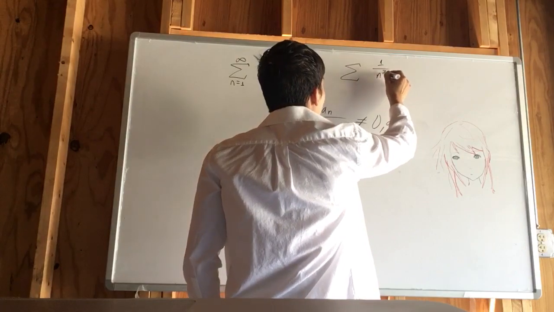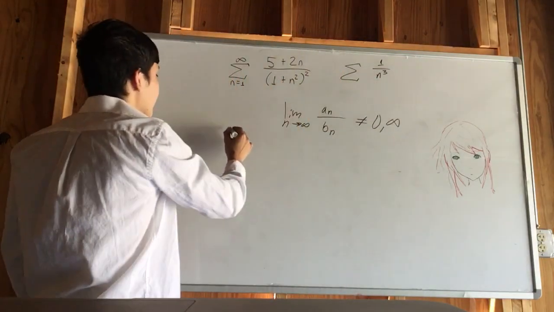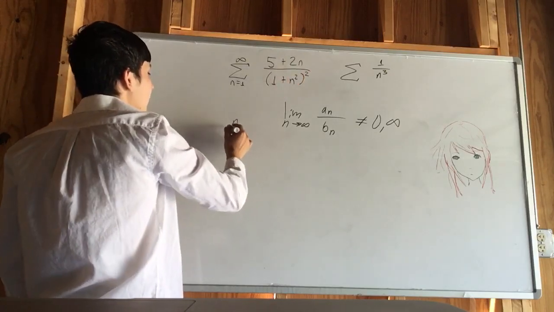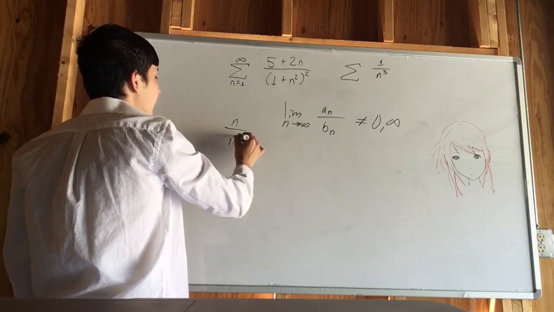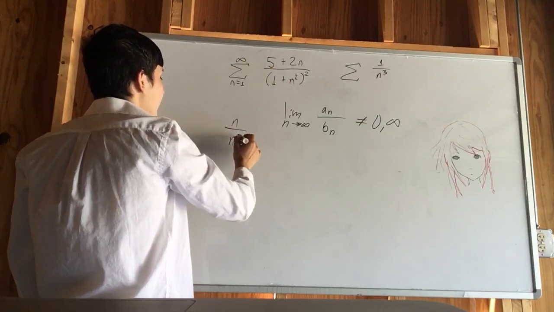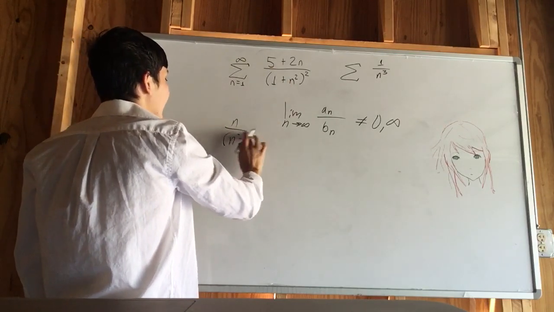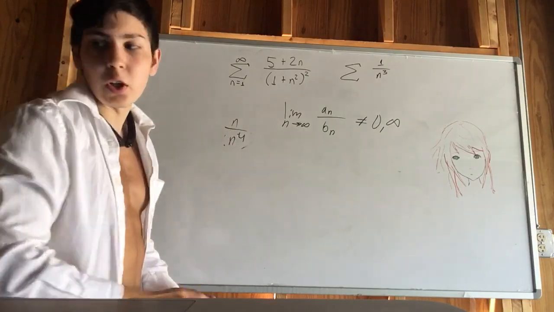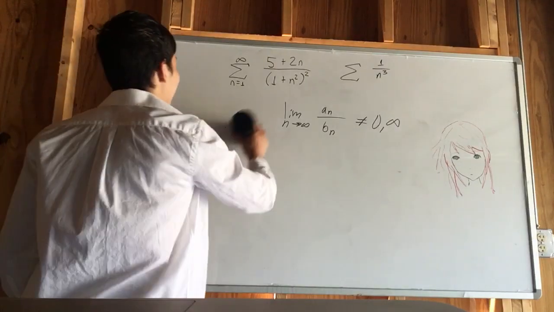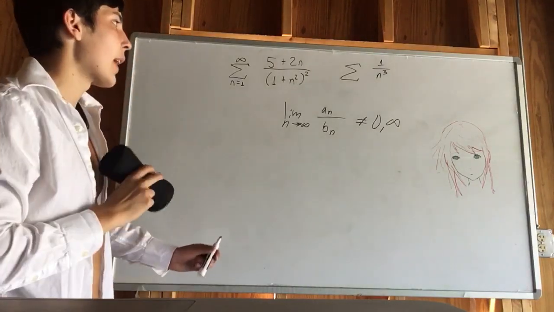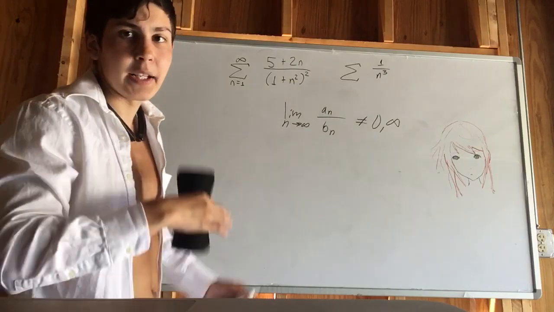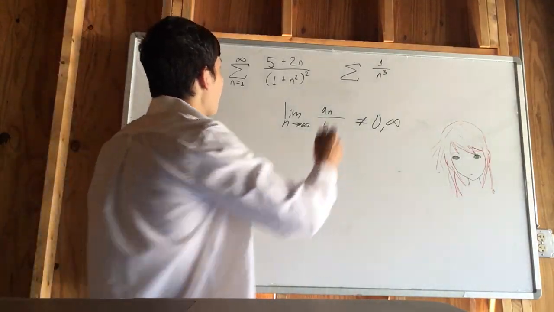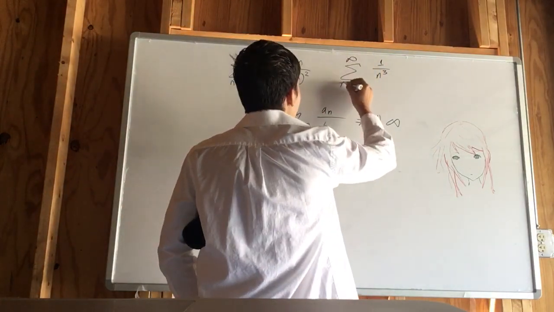You remove the constant first of all, then you remove the 2, that gives you n, and you forget the 1, and you have n squared squared, which is n to the 4th, and this cancels out to 1 over n cubed. You can do that because you're just looking at the general trend, like what is it really doing, without the specifics.